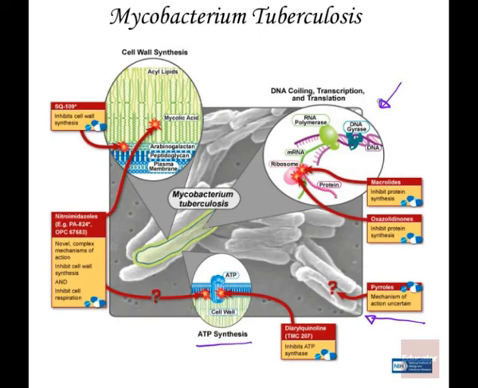Now, we have a treatment regimen that's given for individuals with tuberculosis. And these are agents that are given for long periods of time. And in the United States, we also treat individuals who are demonstrated to have a latent infection. So if you're determined to have a latent infection, you will go through the treatment regimen of these antibiotic agents.